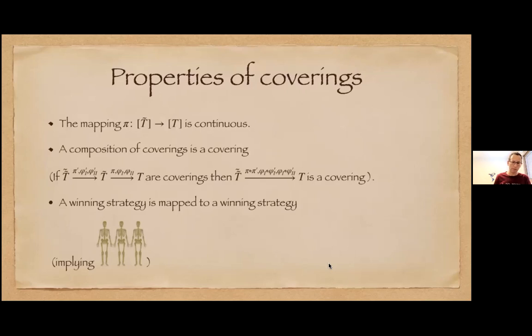I said that pi is a mapping from positions to positions, but since it is monotonic, it extends to a mapping of entire paths, entire plays, and as such a function, it is continuous, just because the first n elements of the image of pi depend only on the first n elements of its argument.